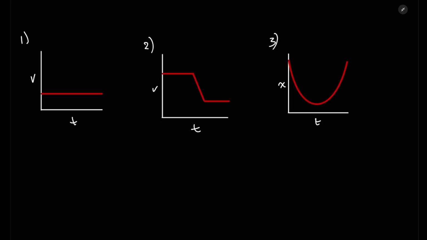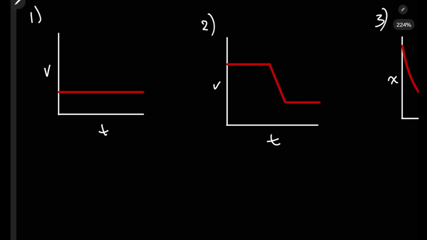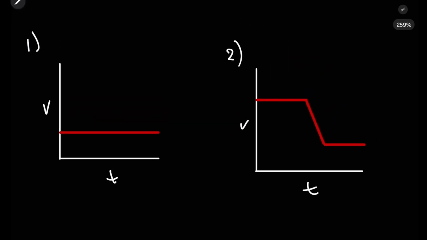So here I drew three graphs where we are gonna figure out which of these graphs have acceleration and which don't. Let's start with number one, right over here. We see that we have a velocity over time graph, right?